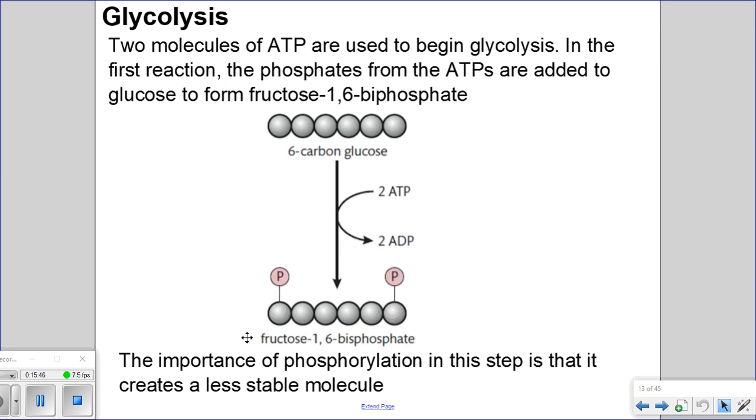So we get fructose 1,6-bisphosphate. The importance of phosphorylation, which is adding on these phosphate groups, in this step is that it creates a less stable molecule. So we've increased the energy, which makes it less stable.